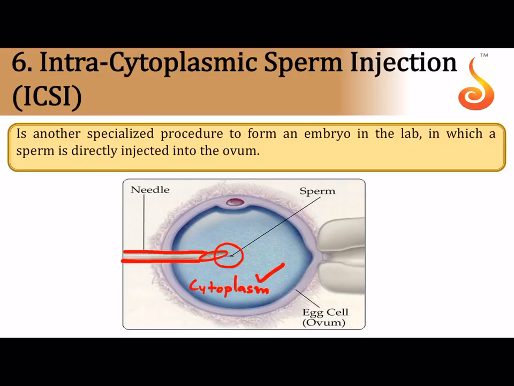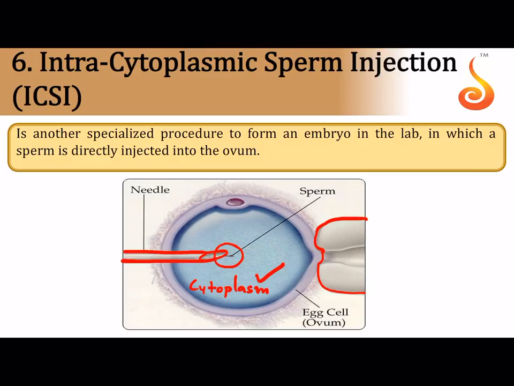Both the egg and the sperm are put in a petri dish, and under the microscope, the egg, as you can see, is held through suction by a macro pipette, and the sperm is being introduced through a micro needle. So you can imagine it requires a lot of sophisticated equipment and professional expertise. Expert doctors are required.